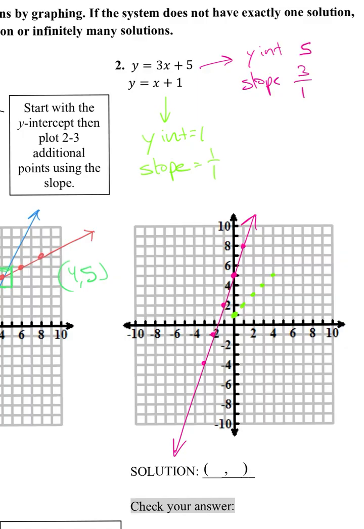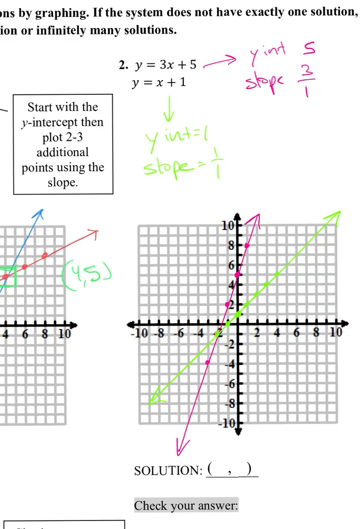Then I'm going to go down 1 over 1, down 1 over 1. Hey, look at that. There's our point of intersection. Let's draw our line for this one and then write our solution down. It looks like our solution, from the origin, is -2 and -1. That looks like the point of intersection.